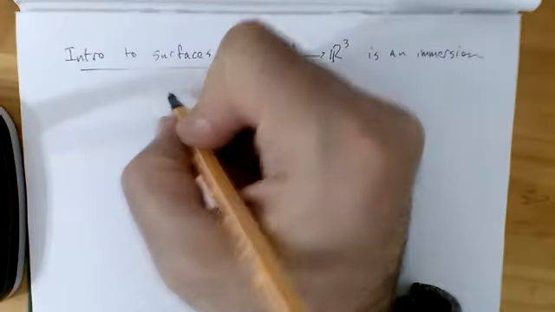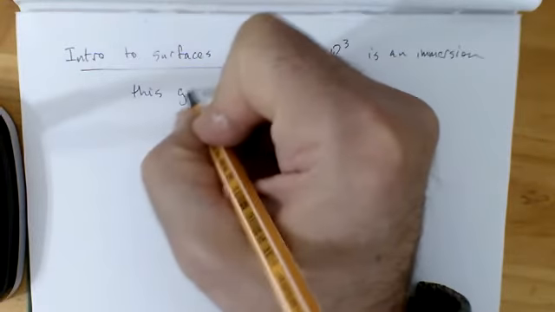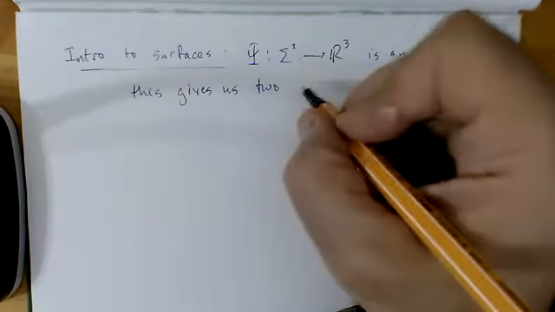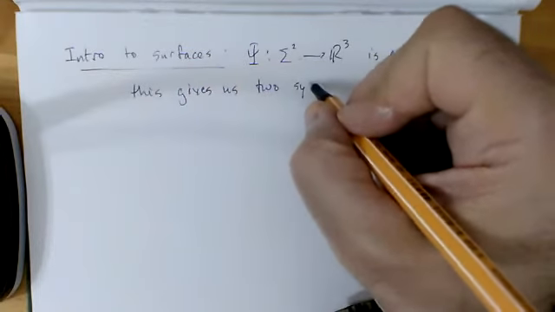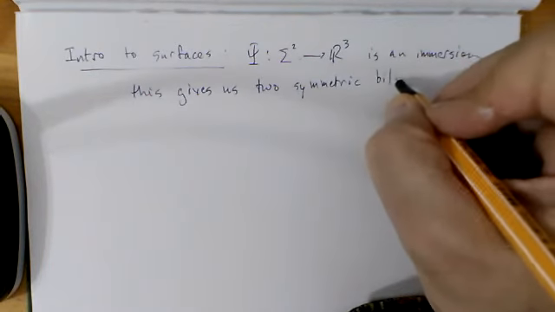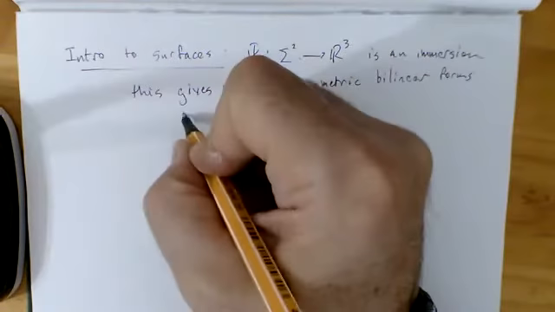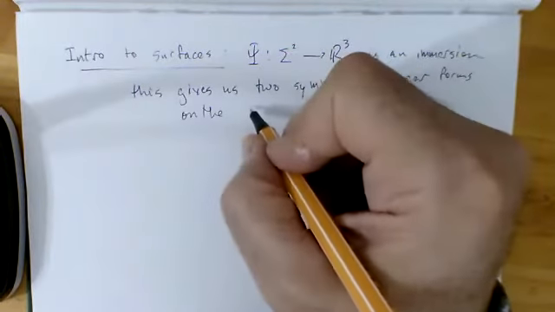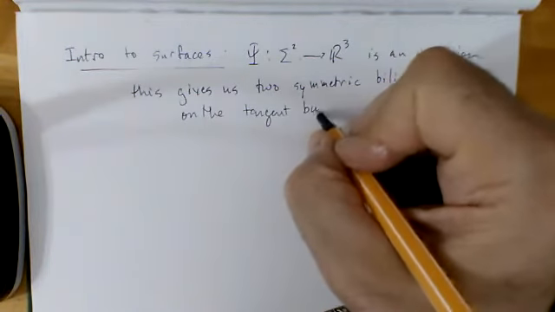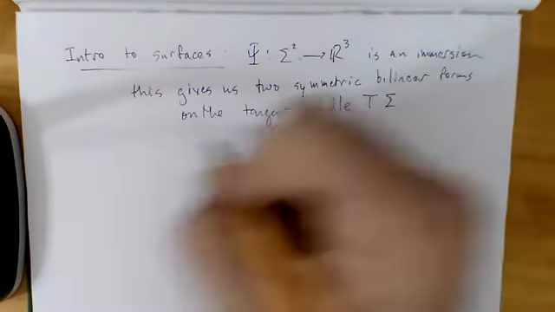And from this, we obtain two symmetric bilinear forms on the tangent bundle T sigma, and we call these forms.